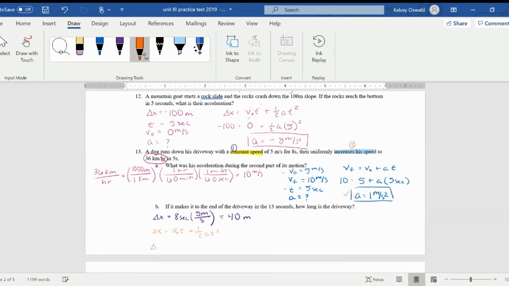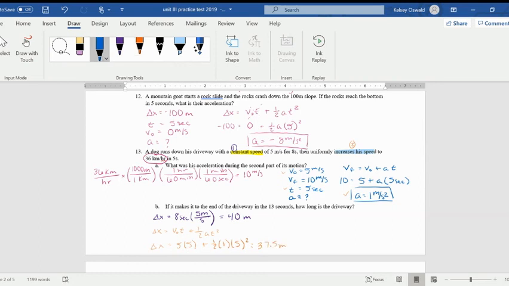So we find for the second half of this motion, he is going to run a total of 37.5 meters.